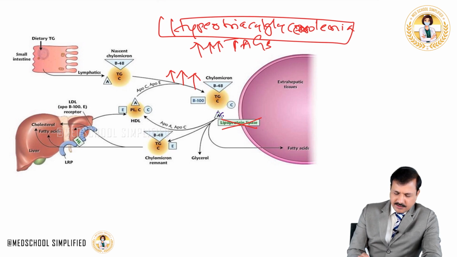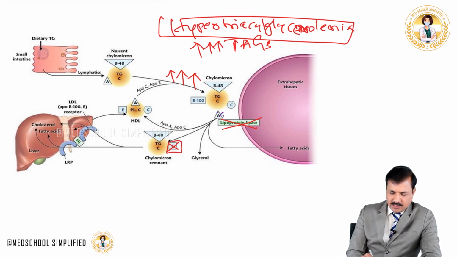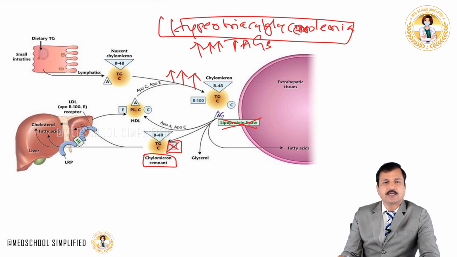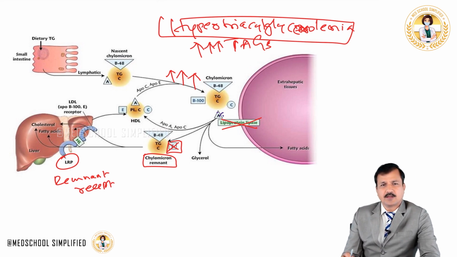Now, the other thing you need to remember is, what if there is a mutation in Apo E, apolipoprotein E, which is necessary for the chylomicron remnant to be taken up by the remnant receptor? The LRP receptor is also referred to as the remnant receptor. So what happens if this Apo E is mutated? It is not recognized by LRP.